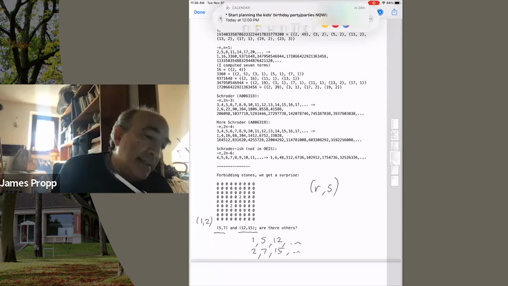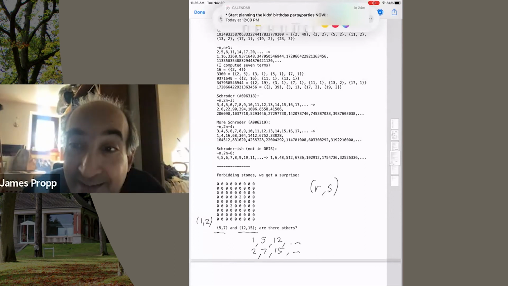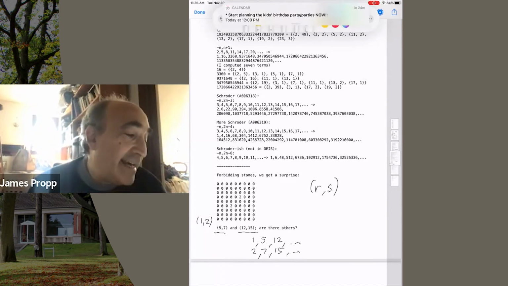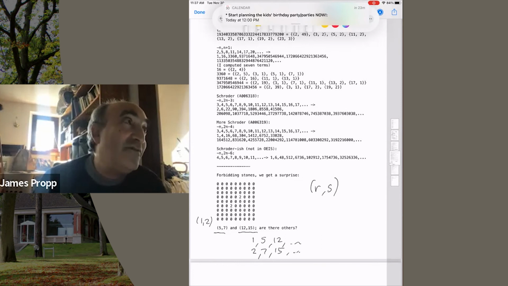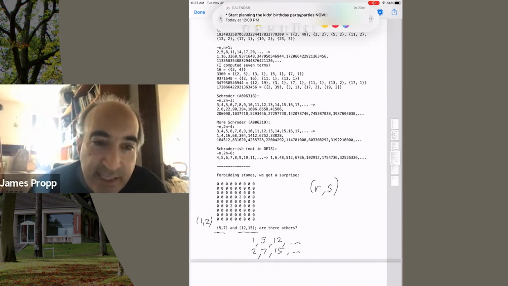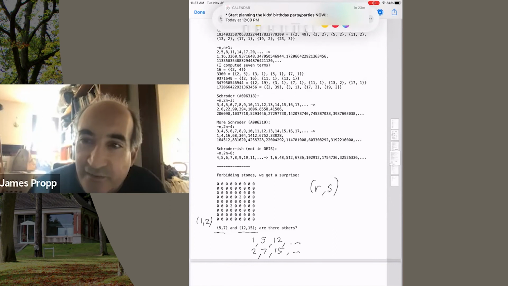Catalan? Catalan numbers. Oh, yeah, they begin 1, 2, 5. Sorry, 1, 2, 5, 14. So no, these are not Catalan numbers. They're much more slowly growing. In fact, these sequences grow quadratically. Euler loved these numbers.